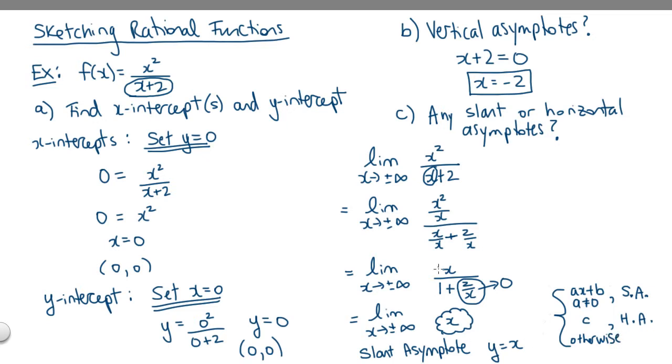For example, your function might simplify to something like x squared or x squared plus 1. If you get any other type of situation, then we just say there are no slant asymptotes and no horizontal asymptotes. So those are the 3 situations that we can run into.